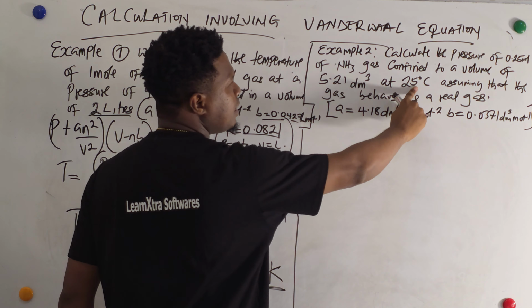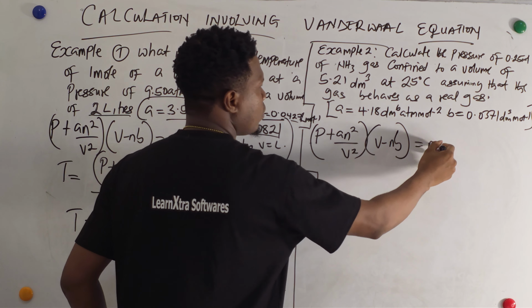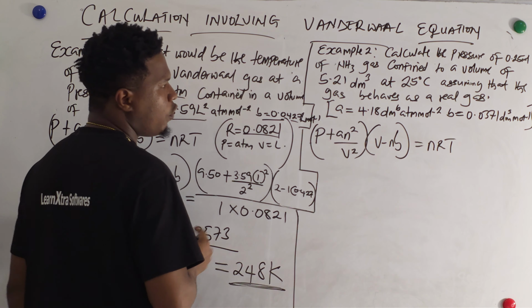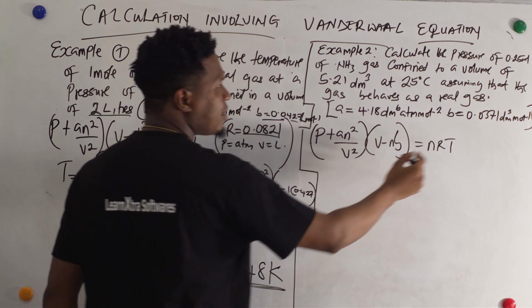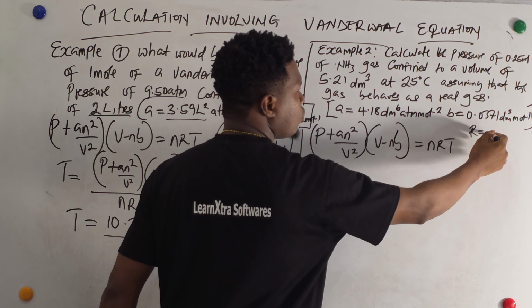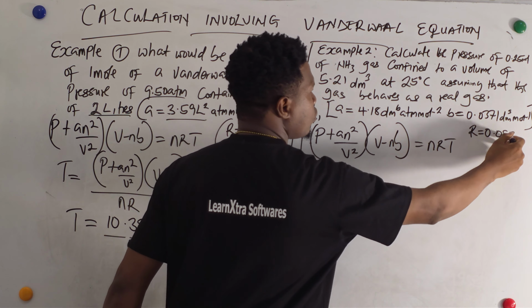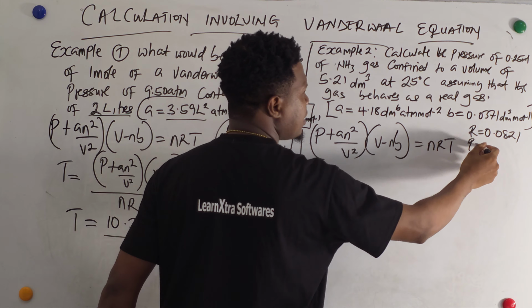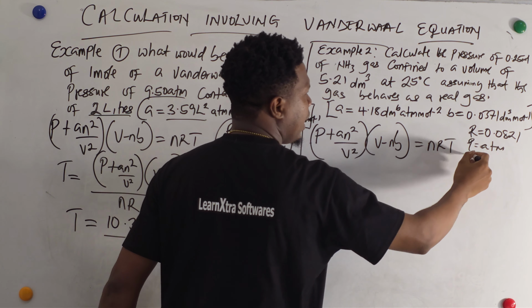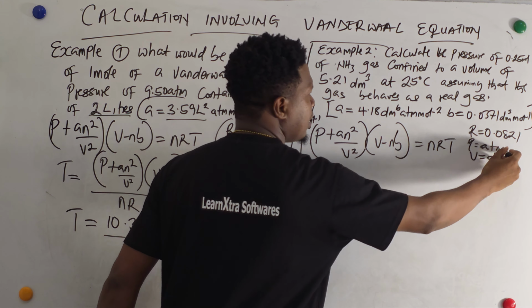P plus an squared all over V squared into V minus nb is equal to nRT. For this question again, we are still going to use R as 0.0821. Why? Because the pressure is in atm and the volume is in dm cube.